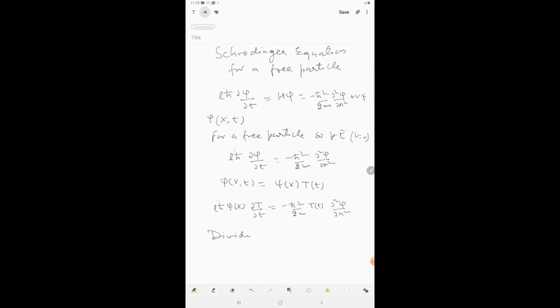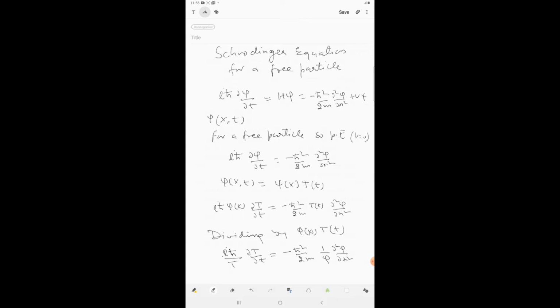Dividing by ψ(x)T, the equation gives 1 upon iħ T dT by dt is minus ħ² by 2m 1 upon ψ d²ψ by dx².